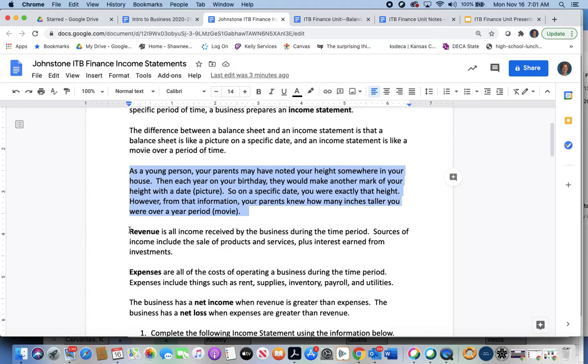Okay? And we've talked about revenue already. Revenue is all income received by the business during the time period. Sources of income include sale of products, services, plus interest from investments. Expenses are all the costs of operating a business during the time period, including such things as rent, supplies, inventory, payroll, and utilities.